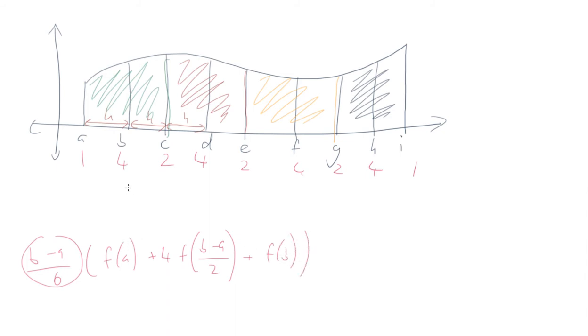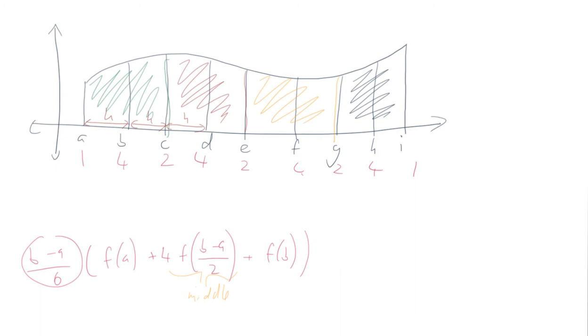If you consider this one here, you've got 1, 4 in the middle, and there's 4 of those. The middle one, f of c in our case, gets included in our green one and again in our pink one, so we combine them here.